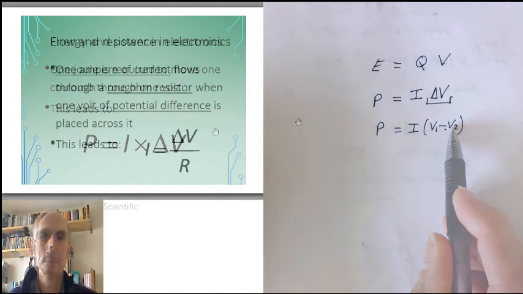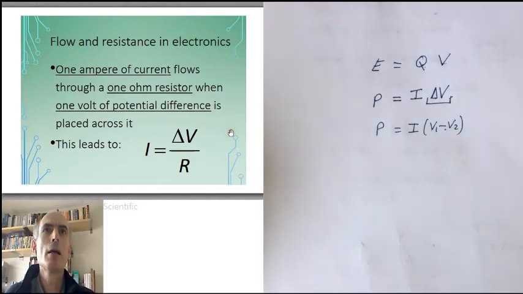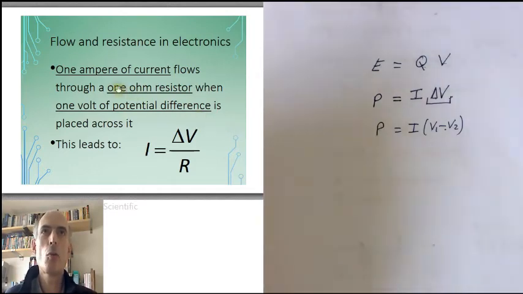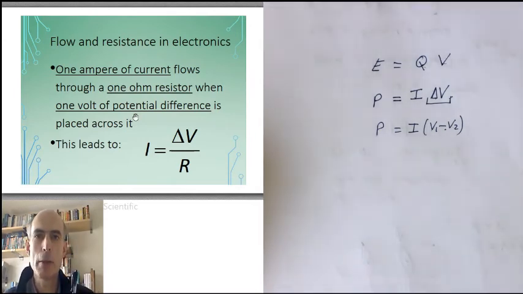Finally, for this talk, just note that 1 ampere of current flows through a 1 ohm resistor when 1 volt of potential difference is placed across it. This is the definition of an ohm.